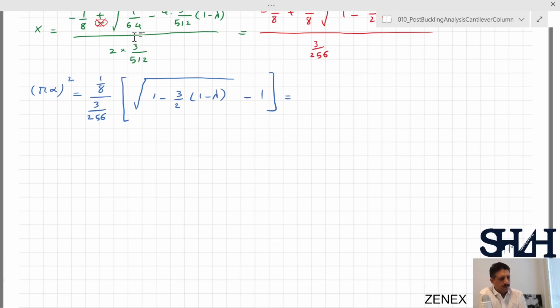So that will be 256 divided by 8, 32 divided by 3, square root of 1 minus 3 over 2, 1 minus lambda, minus 1.